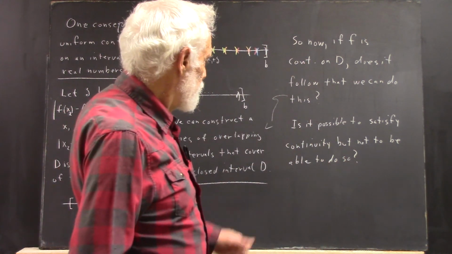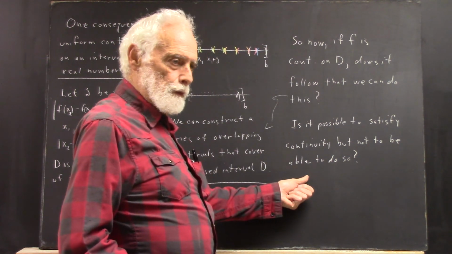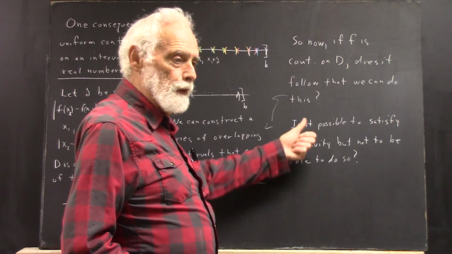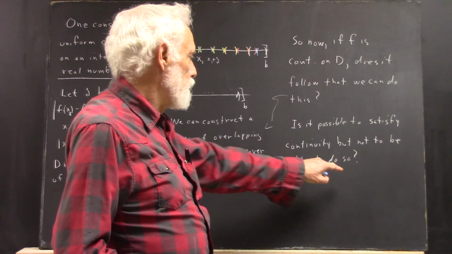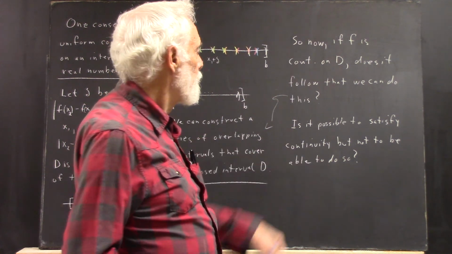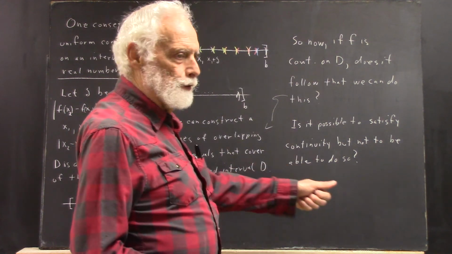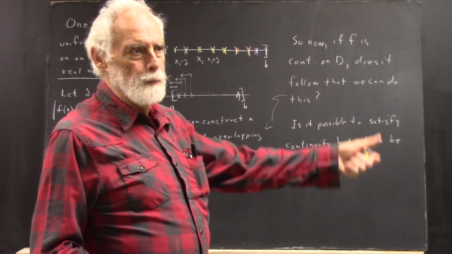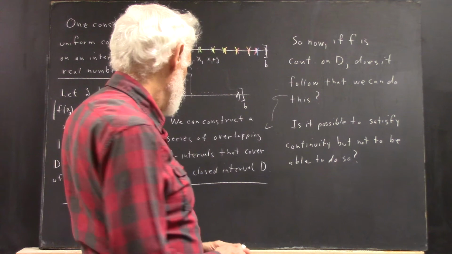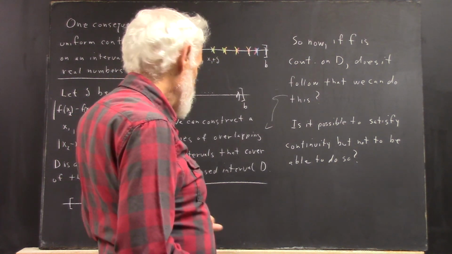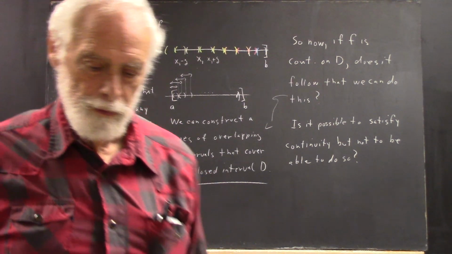Because if it is possible to satisfy the condition of continuity but not be able to do this, then we can't say that continuity implies uniform continuity. Okay, well, we'll take up that idea in the next segment here.